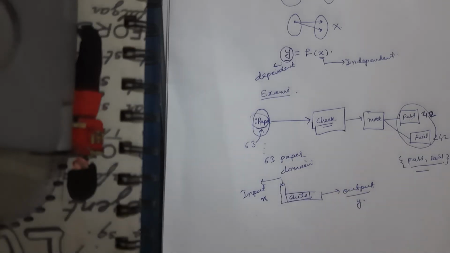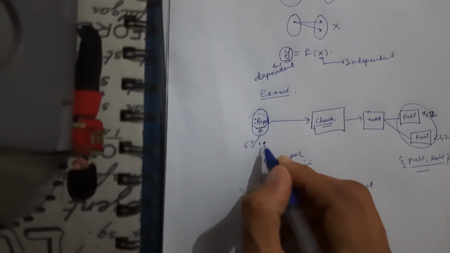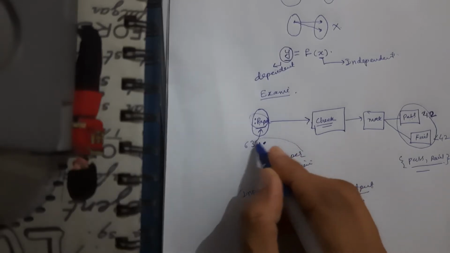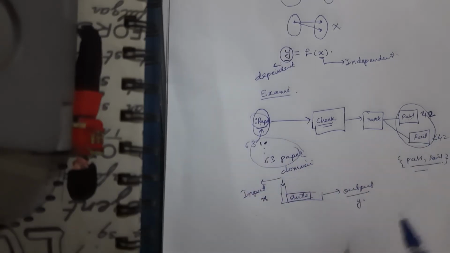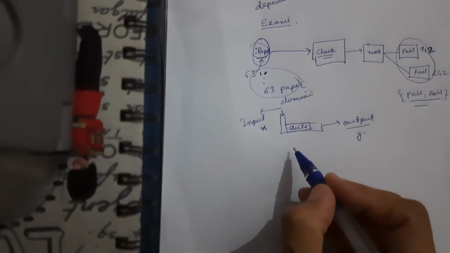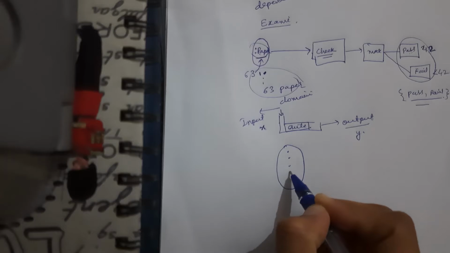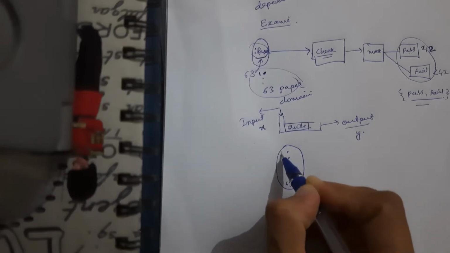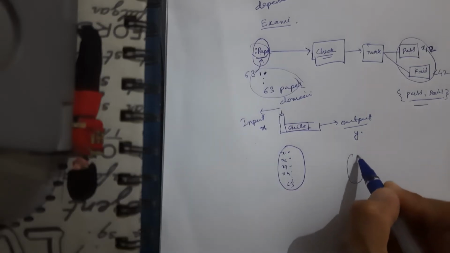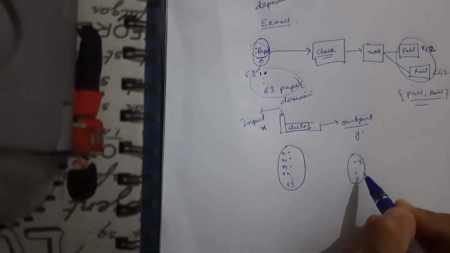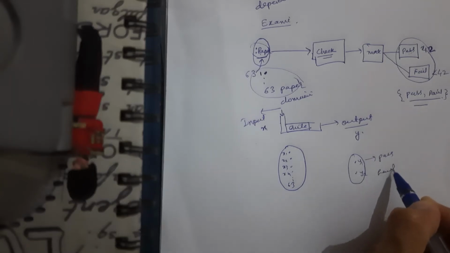Now it does not happen that one student, suppose roll number 1, among the 63 papers here, gets both results, pass as well as fail. If I represent this in a Venn diagram, suppose here 1, 2, 3, 4 up to 63 students are there, x1, x2, x3, x4, and here I have two outputs, y1, y2, pass or fail.